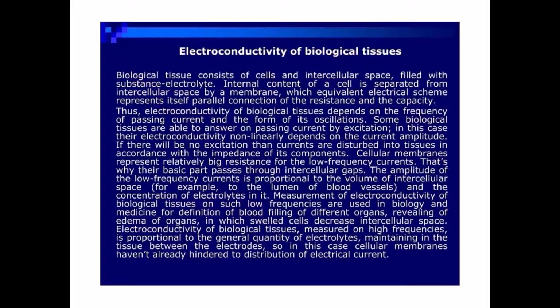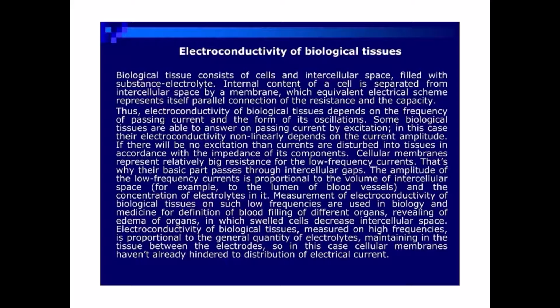Electroconductivity of biological tissues. Biological tissue consists of cells and intercellular space filled with an electrolyte substance. The internal content of a cell is separated from intercellular space by a membrane, whose equivalent electrical scheme represents a parallel connection of a resistance and a capacity.